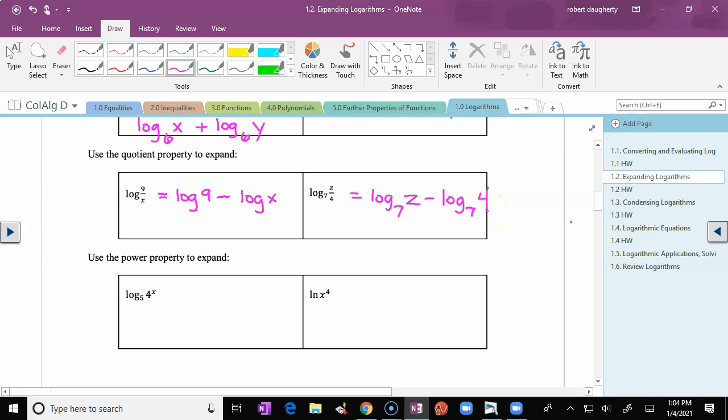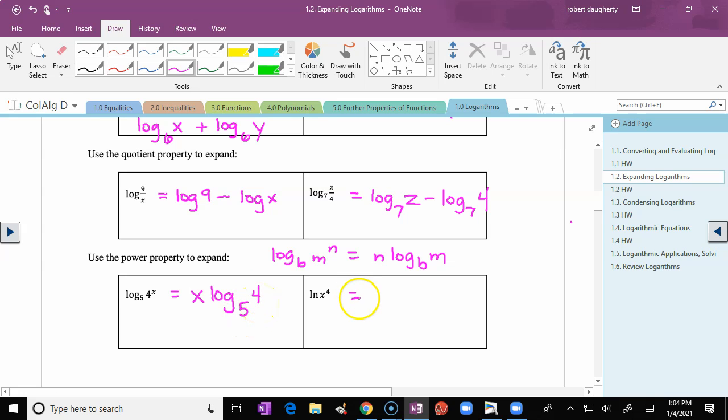The power property says that the log base b of m to the n is n times the log base b of m. You can bring that exponent out in front of the logarithm. So what this means is this is x times the log base 5 of 4.